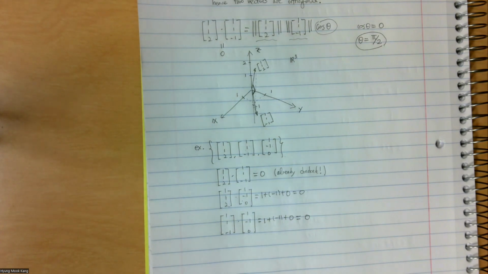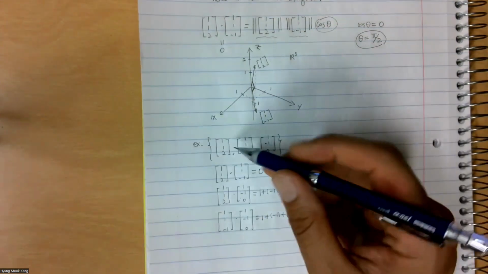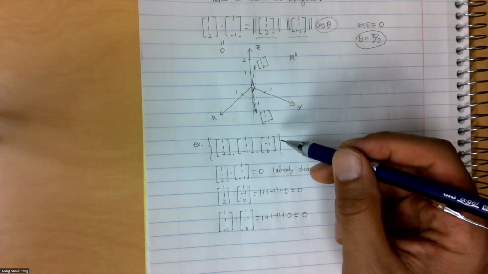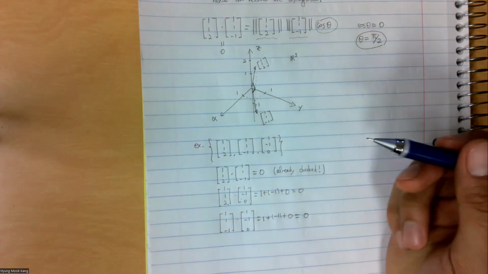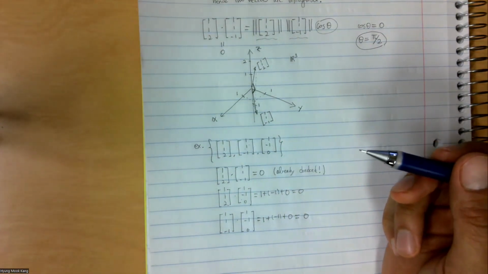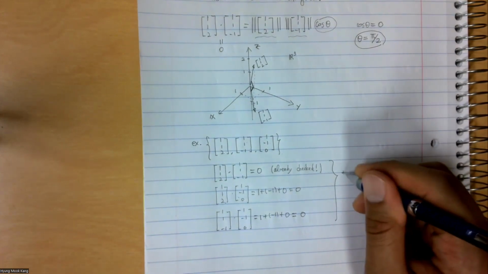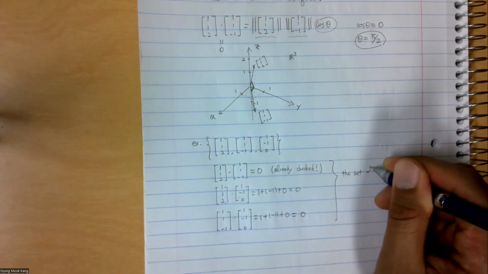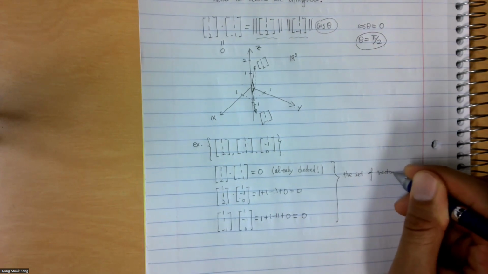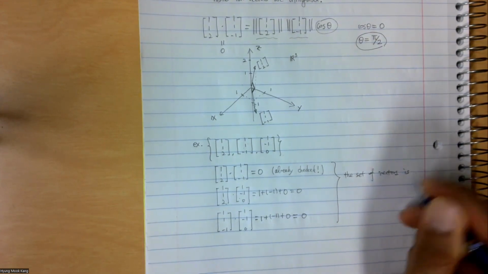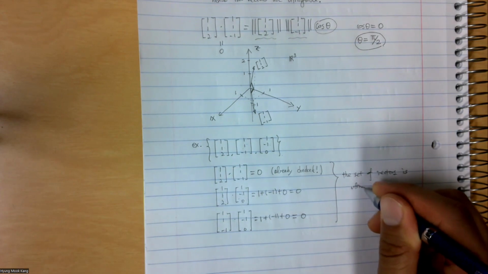So you see that all the vectors are orthogonal to each other. So from here, we know that the set of vectors is orthogonal.